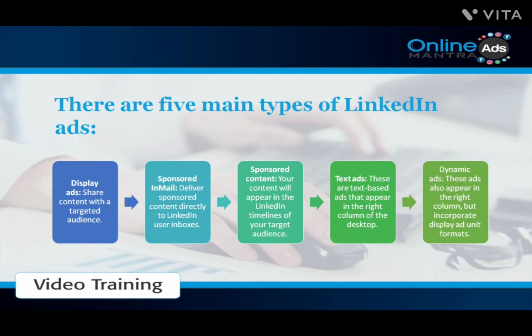Sponsored in-mail: deliver sponsored content directly to LinkedIn user inboxes. Sponsored content: your content will appear in the LinkedIn timelines of your target audience. Text ads: these are text-based ads that appear in the right column of the desktop. Dynamic ads: these ads also appear in the right column, but incorporate display ad unit formats.